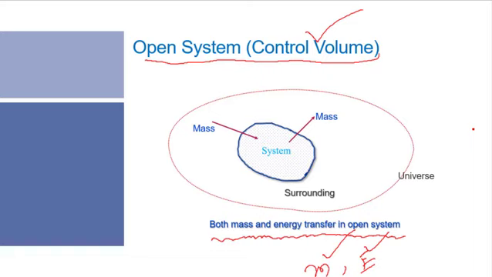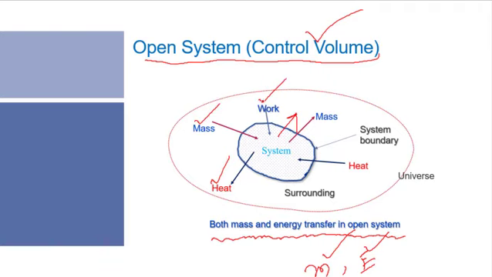Similarly, heat can enter into the system and heat may be rejected by the system. Work may be done on the system and also work may be done by the system. So all types of interaction, energy interaction in terms of heat and work and mass interaction, is possible. So this type of system is called the open system.